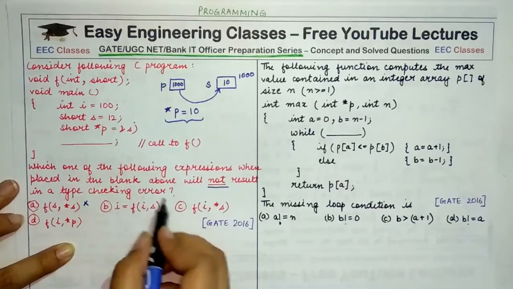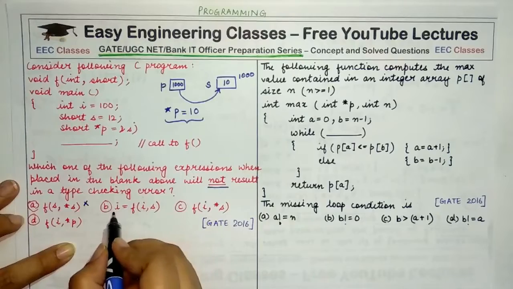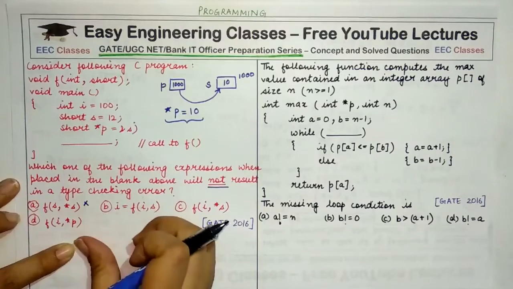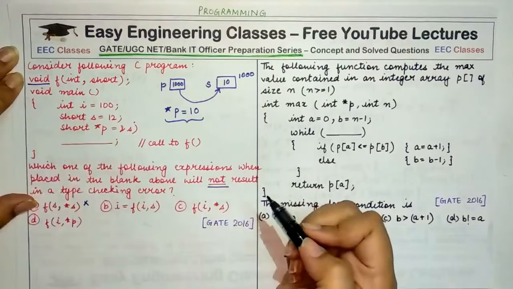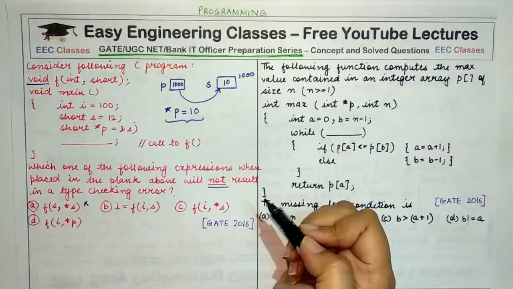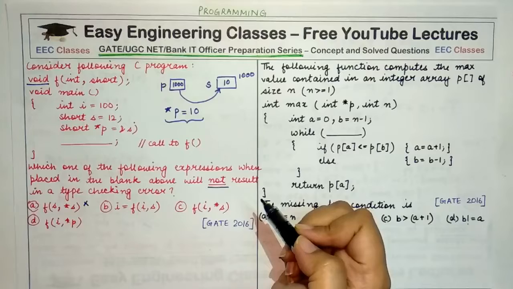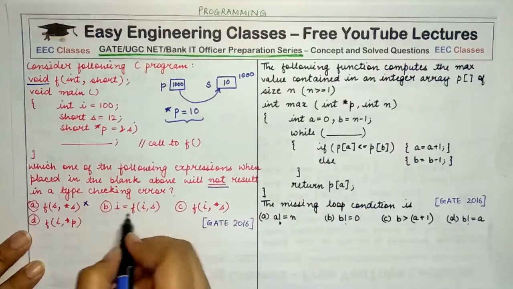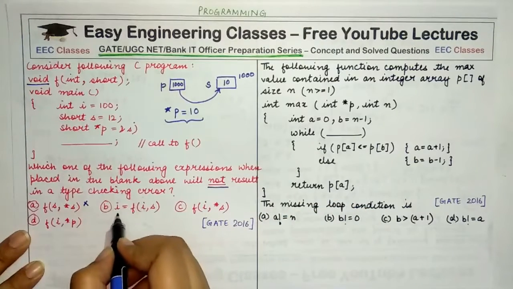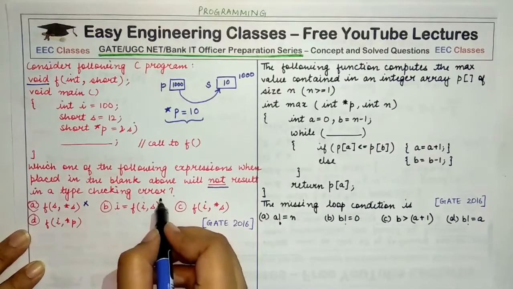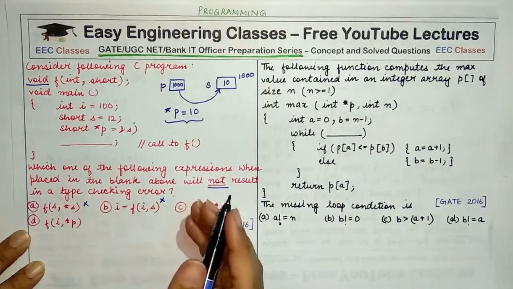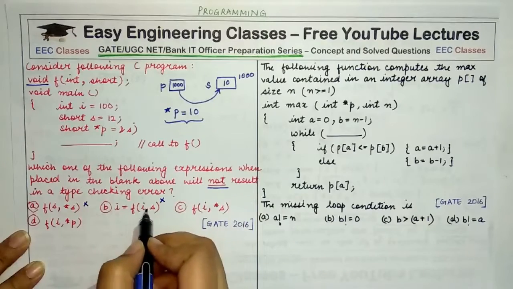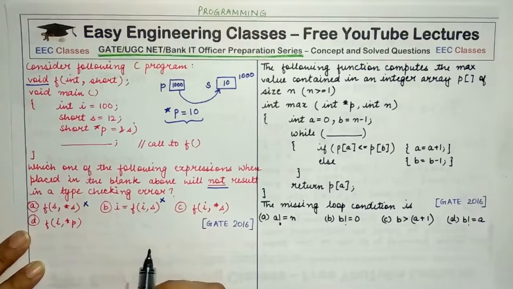Now, the return value of f is being assigned to i, but you must notice that f has been declared with a return type of void. That means it does not return anything, so we cannot assign it to an integer variable.